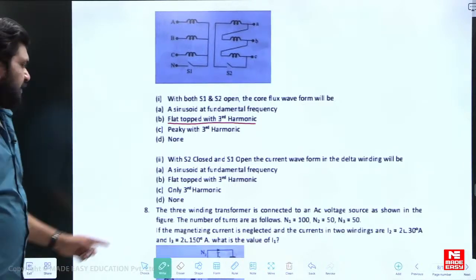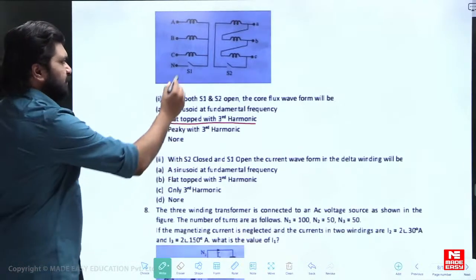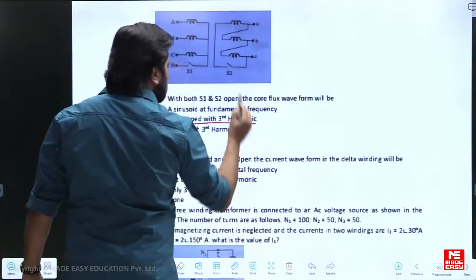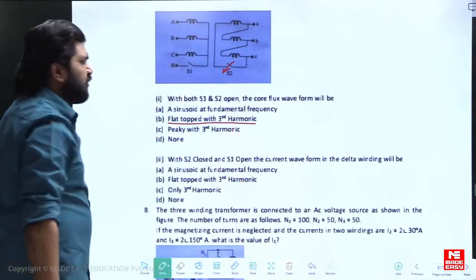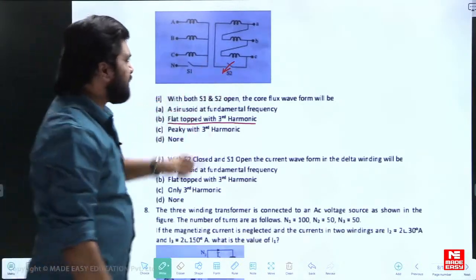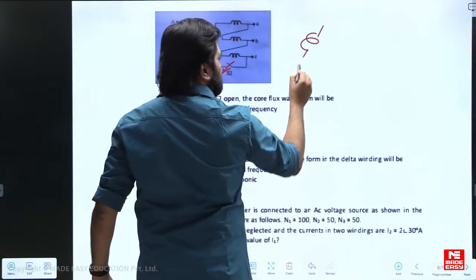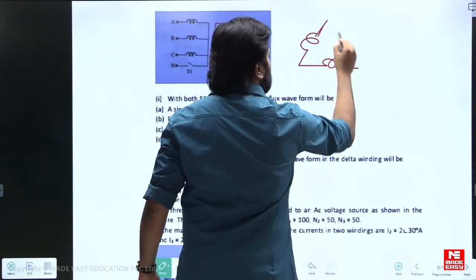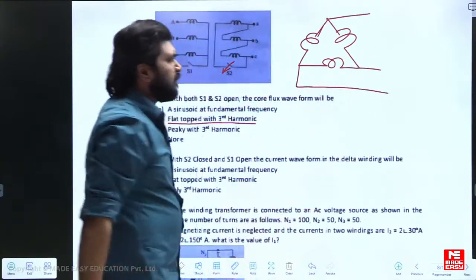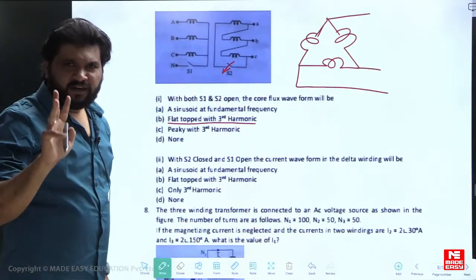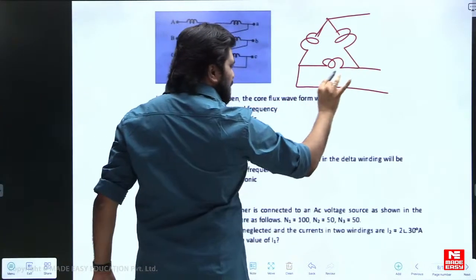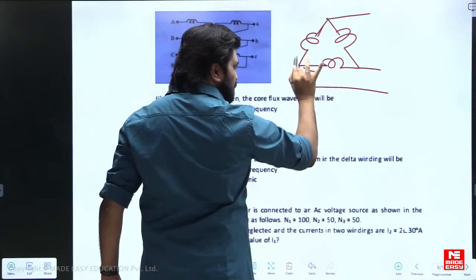Next, with S2 closed, switch. S2 is closed. When S2 is closed, automatically this is a delta. So any third harmonic induced EMFs first make a third harmonic current circulation perfectly.